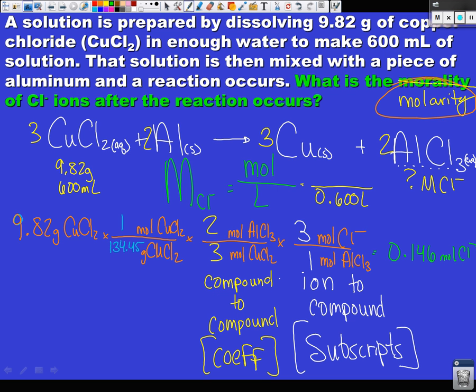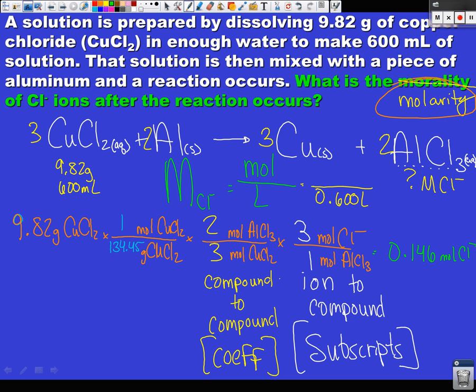Here's the important question. If I tried to do this for you guys last year, it would have blown your skulls out. But the foundation that you now have, we've added one thing. One. There's only one new thing on this board that you've never seen. We went from our mole of compound to mole of compound to mole of ion.